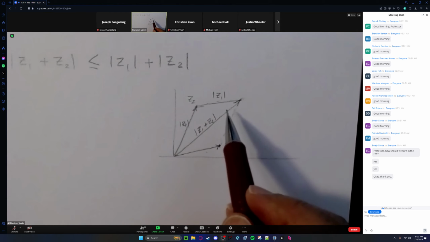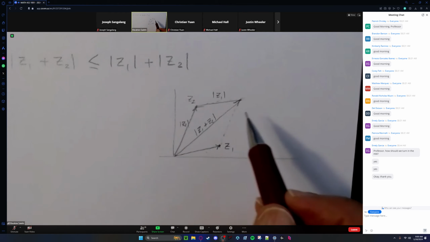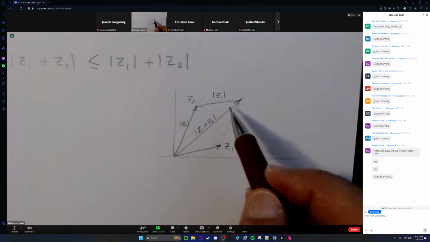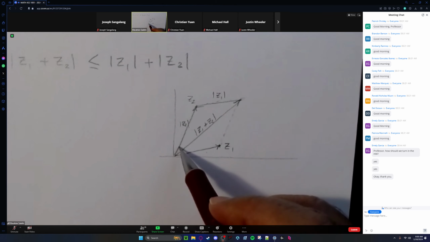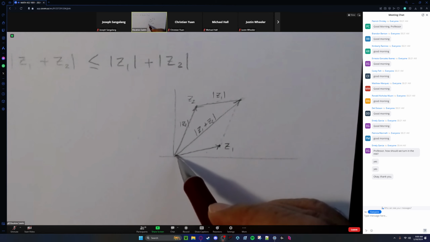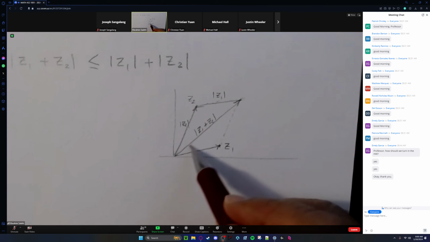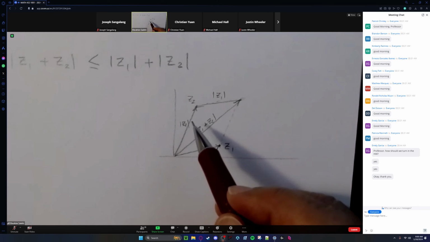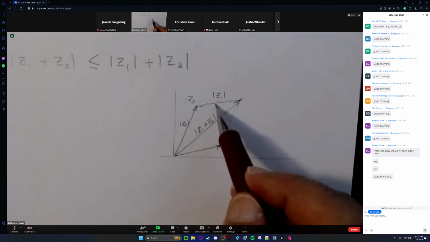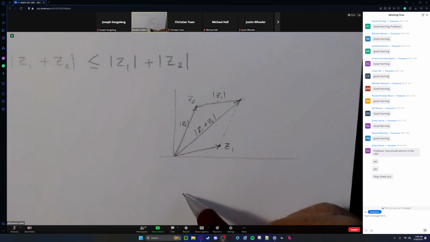The reason why we call this the triangle inequality is that in each triangle, each side is less than or equal to the sum of the other two sides.